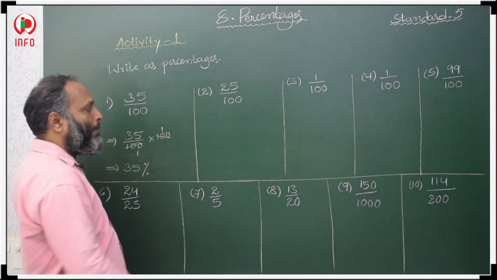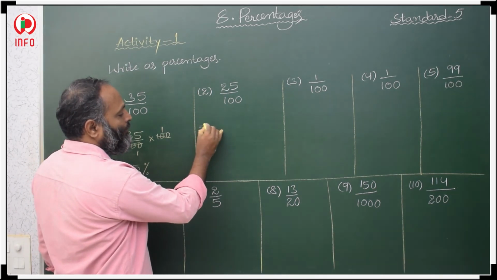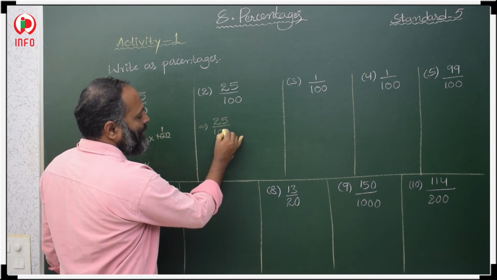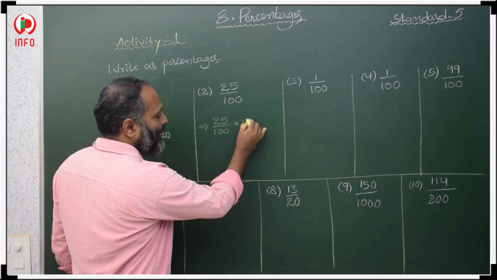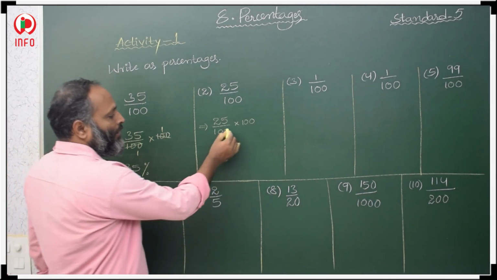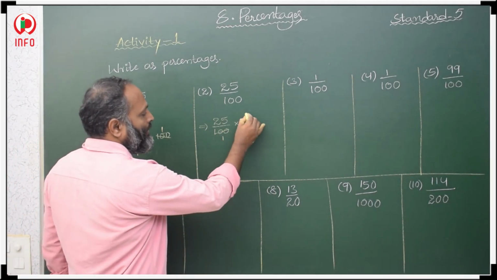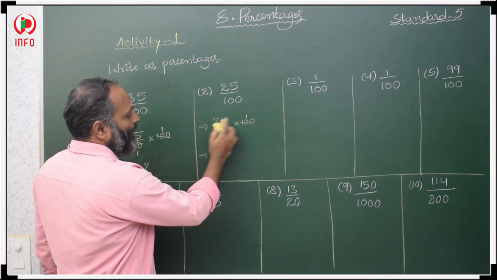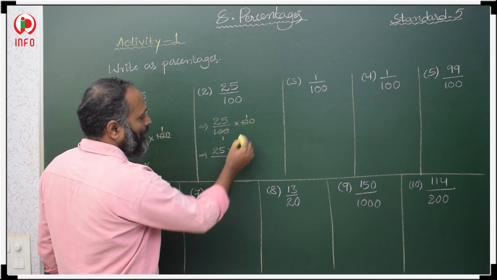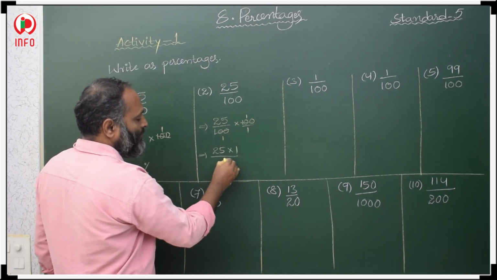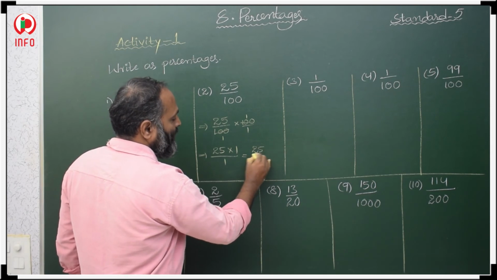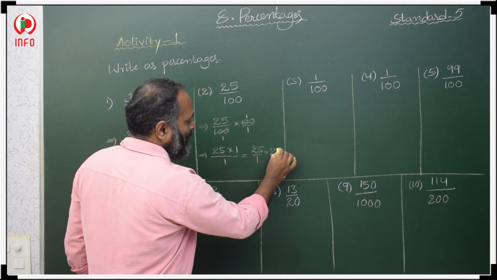Now 25 by 100, we take as it is, into 100. Then 100 ones are 100. Then 25 into 1, and in the denominator there is no number, so it is by 1. 1 by 1 means 1. 25 ones are 25 by 1, which is 25.